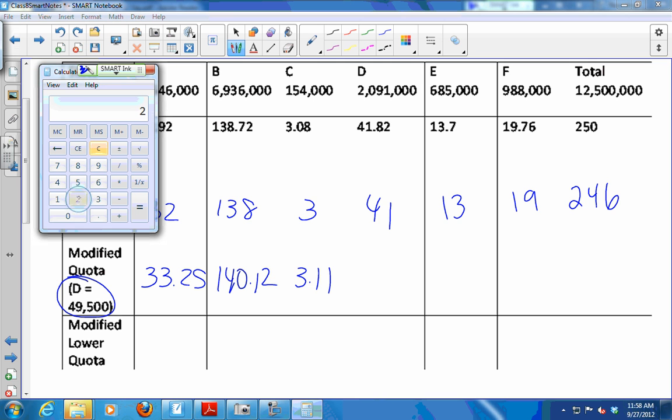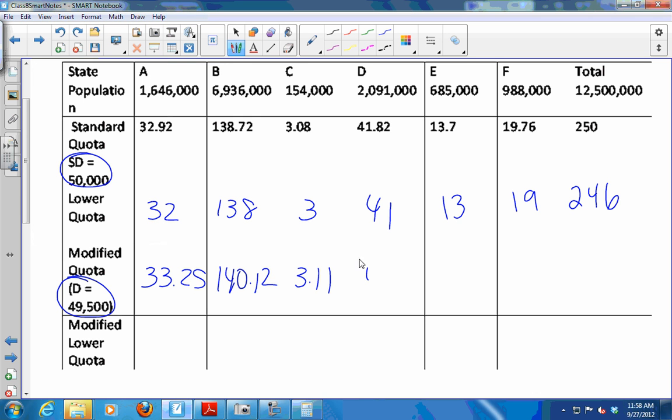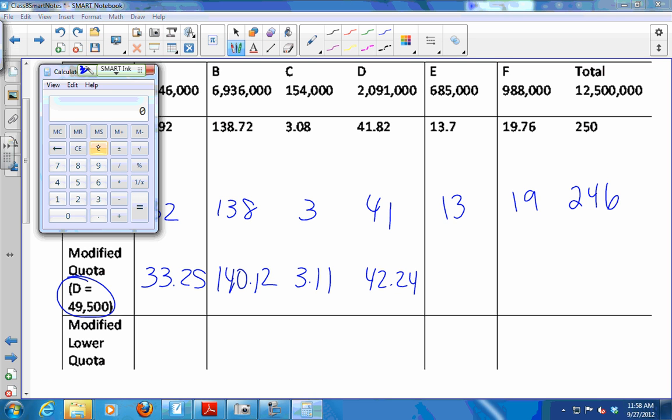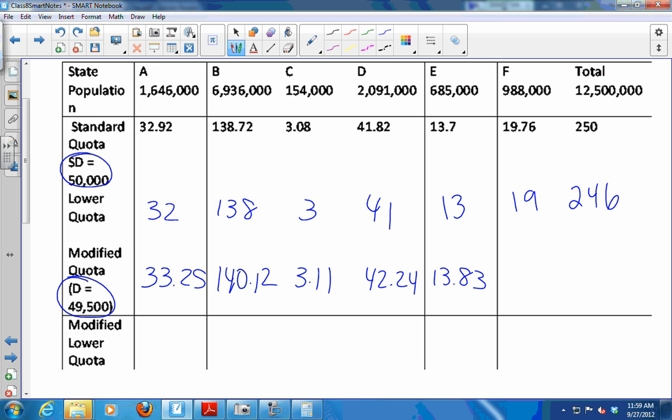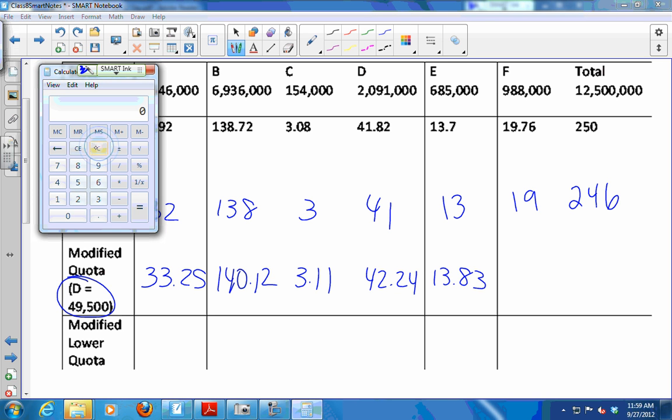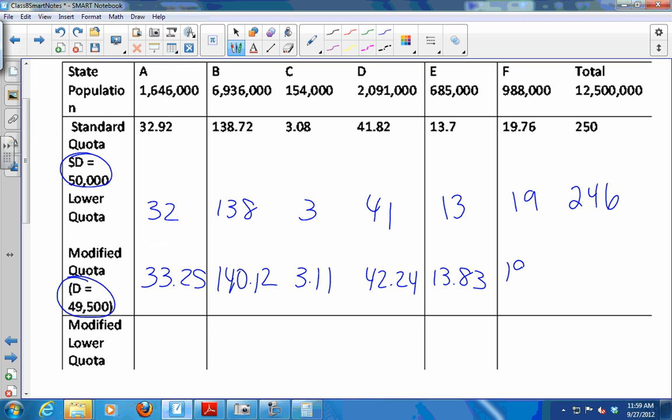And 2,091,000 divided by 49,500, 42.24. And 685,000 divided by 49,500, 13.83. And 988,000 divided by 49,500, 19.96.